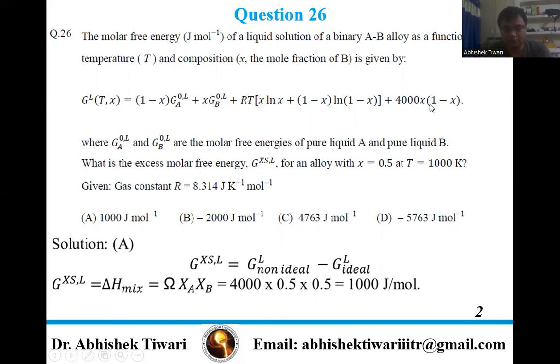So this is omega XA XB, that is 4000. X is 0.5. Here X is given 0.5. And since X is 0.5, XB is also 0.5. So this comes out to be 1000 joule per mole. So the correct answer is A.